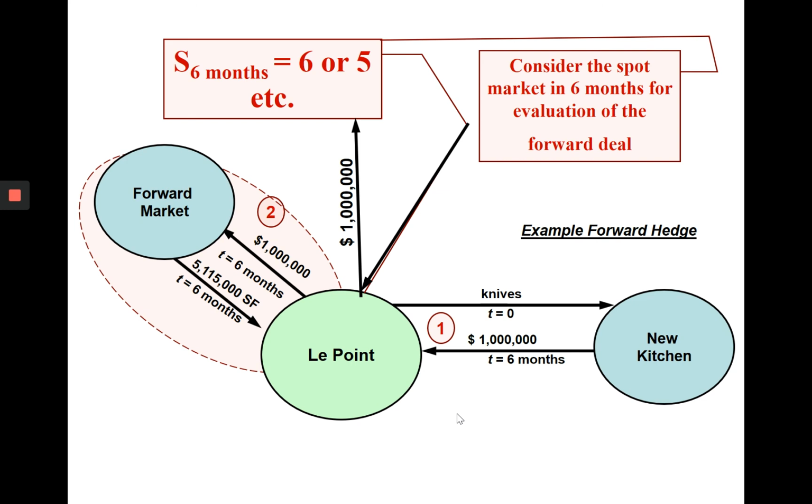A picture speaks 1,000 words, so let's do the same example with a picture. On the left-hand side, here I have New Kitchen, the American company. Here I have La Pointe. There is an arrow here going from the Swiss firm La Pointe to New Kitchen, and on the arrow it says knives.